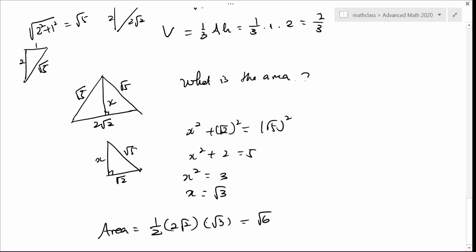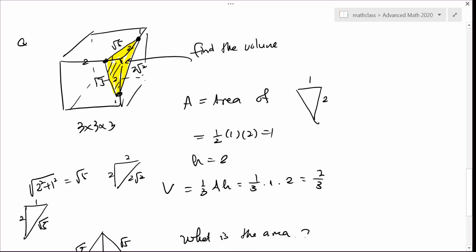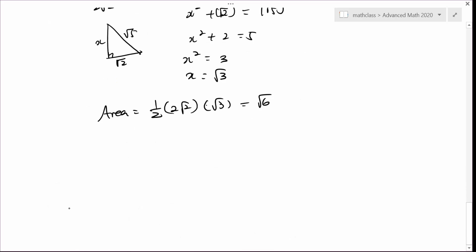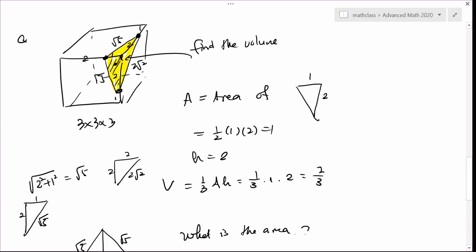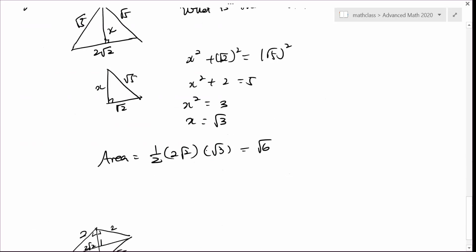So my question is, if I draw a height to this, because the above piece can actually be drawn in this form. This is a right angle, right? And I remember this is a square root of 5, square root of 5, right? And it's 2 square root of 2, so that's 2, 2, and this side is 1. And this is the one I just moved to here, put on the table.